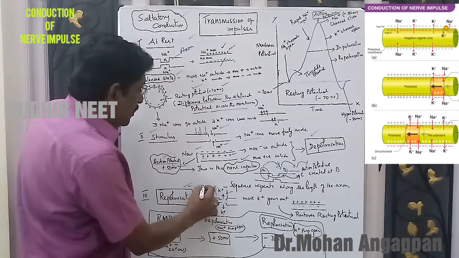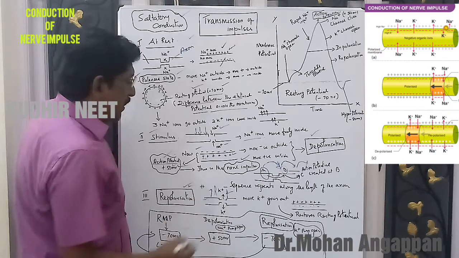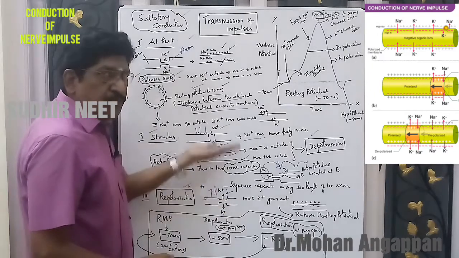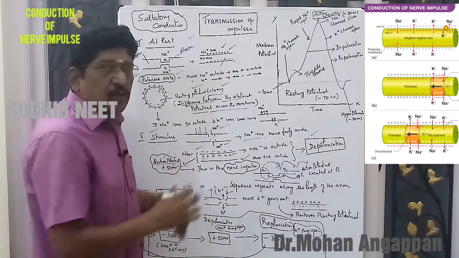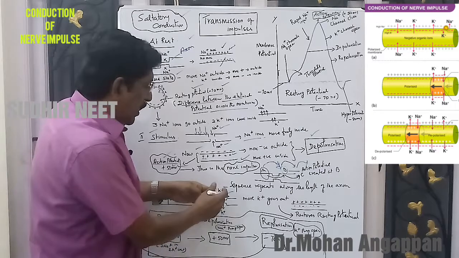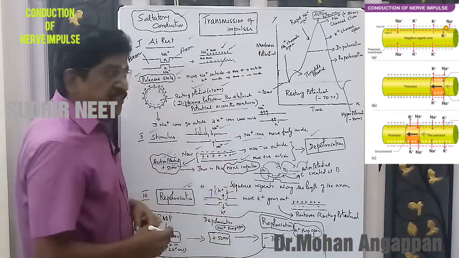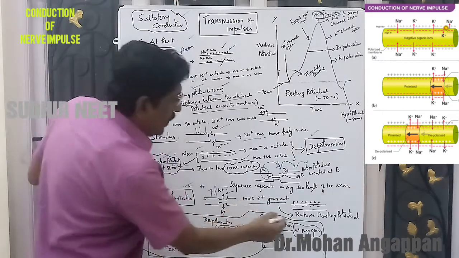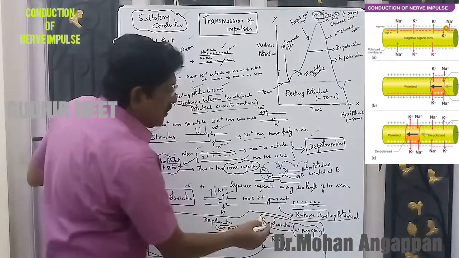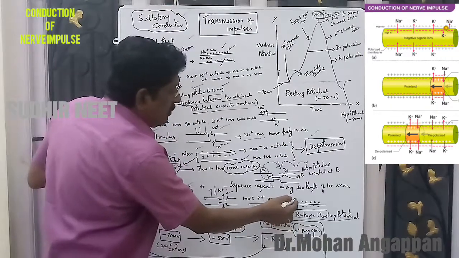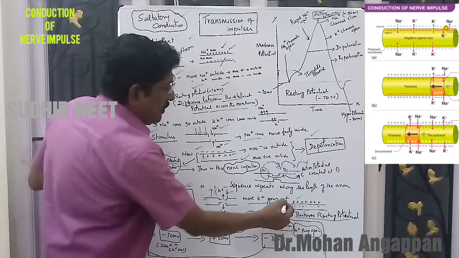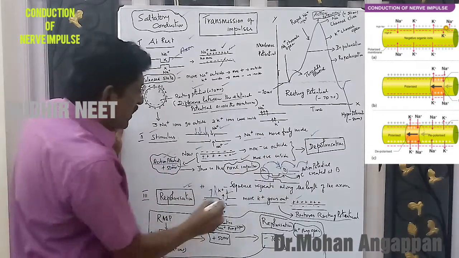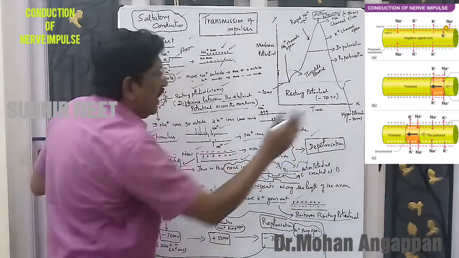Outside the membrane more positive, inside the membrane more negative, because more potassium ions go out. Sodium channels are closed. So more potassium goes out, restores the resting potential. It is called repolarization, and then this sequence repeats along the length of the axon.